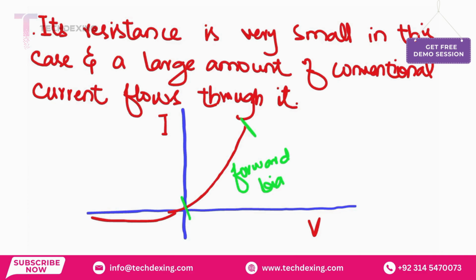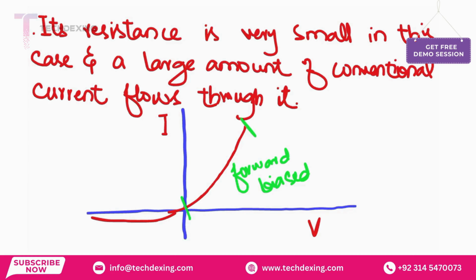The resistance in this portion is very small, and you can see a large amount of current flowing through the circuit. Got it? So this portion of the graph is produced when your semiconductor diode is forward biased, right?